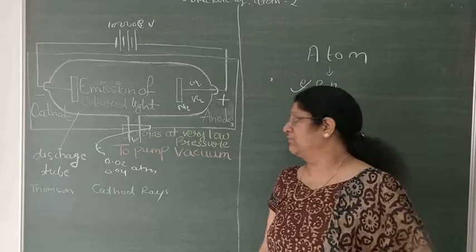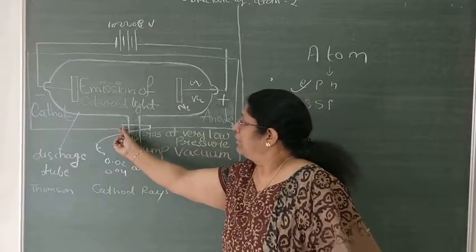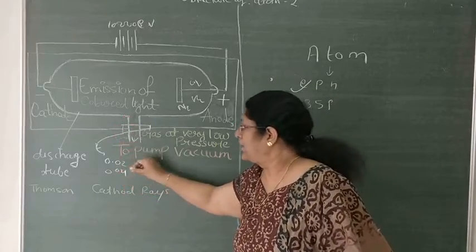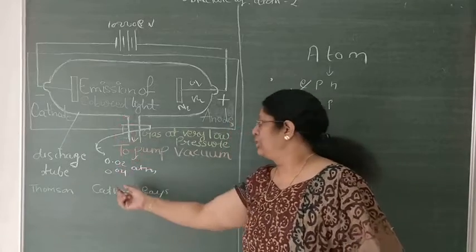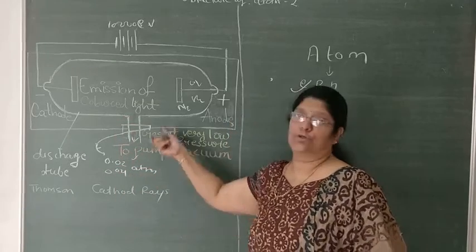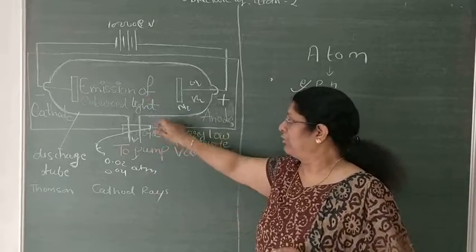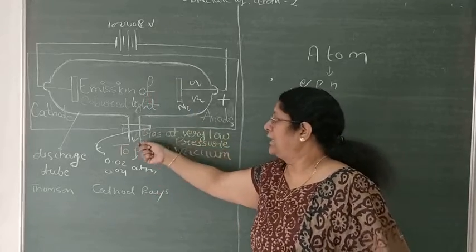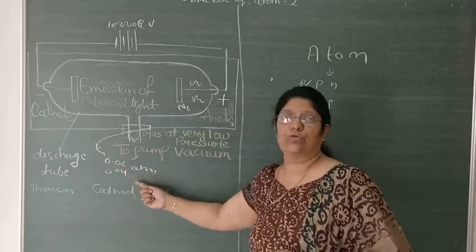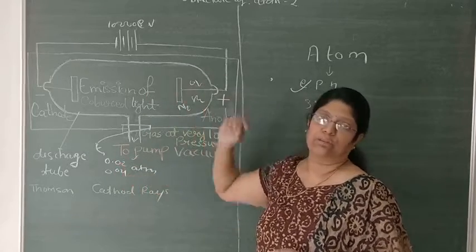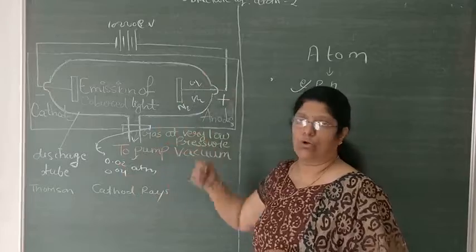In that condition, what will we do? We will open the vacuum and reduce the pressure in the discharge tube to 0.02 to 0.04 atm, and then again we will close it.